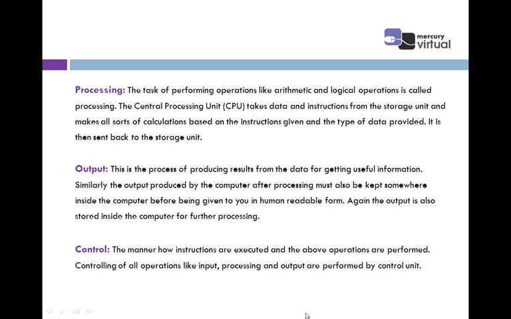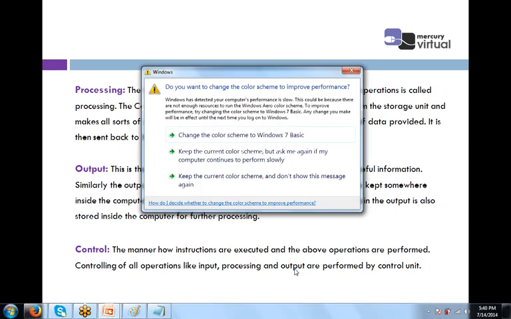It is the supervisor of all the above things like input, processing, output. It is a nervous system that supervises whether input takes place efficiently, whether output takes place efficiently, whether processing takes place efficiently or not.